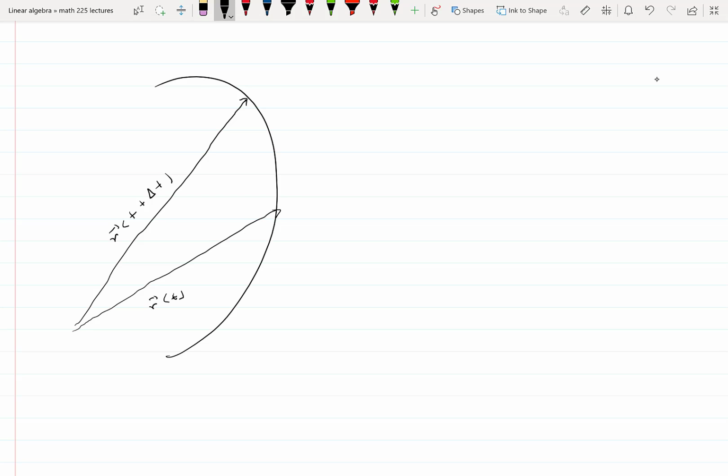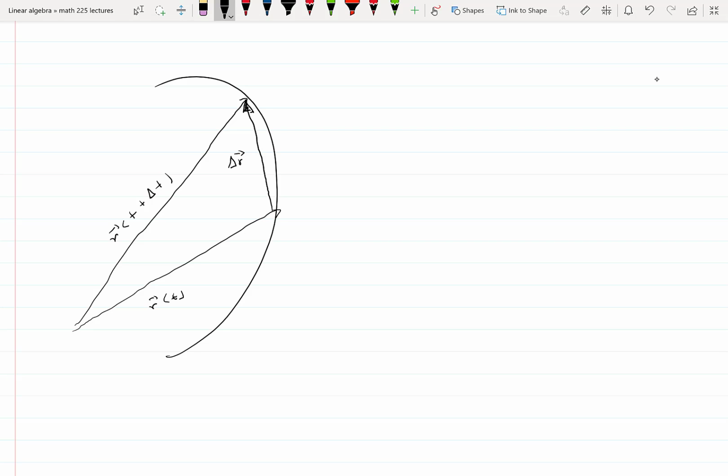What we started out with in this lecture with the recap was the small change in the position vector, not in the arc length, but in the position vector. The length of that small change in the position vector is approximately equal to the corresponding change in the arc length, but you can tell from my drawing here that it's not equal.